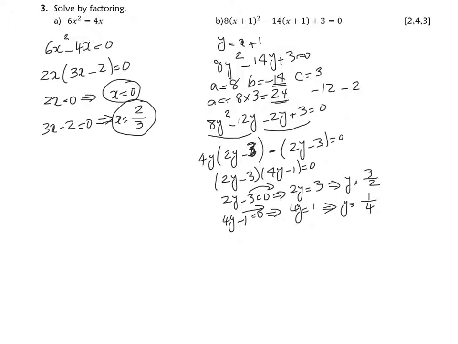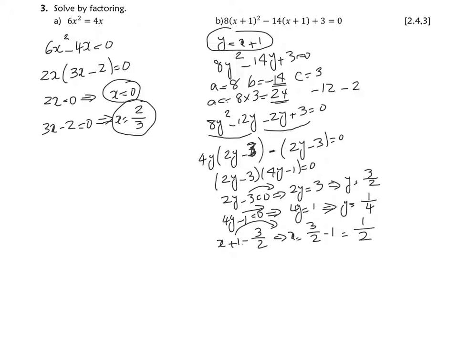But if you remember, y is x plus 1. So if y is 3 over 2, I can find x. So I'm going to say x plus 1 is 3 over 2. I move 1 to the right. I get x is 3 over 2 minus 1, which is going to become 3 over 2 minus 2 over 2, which is 1 over 2.